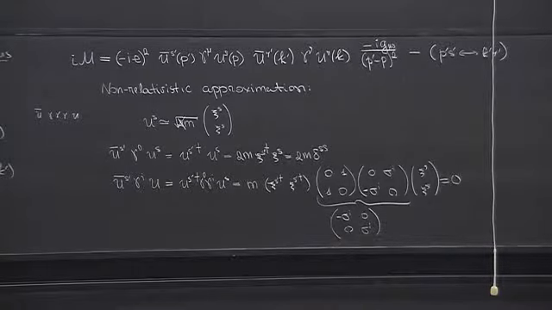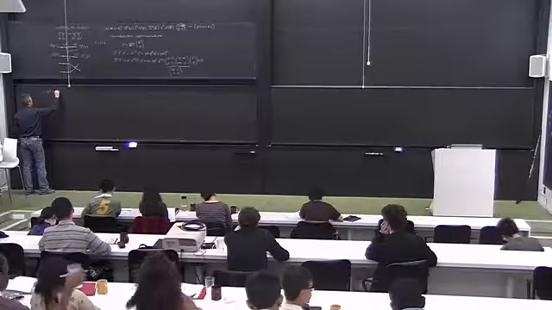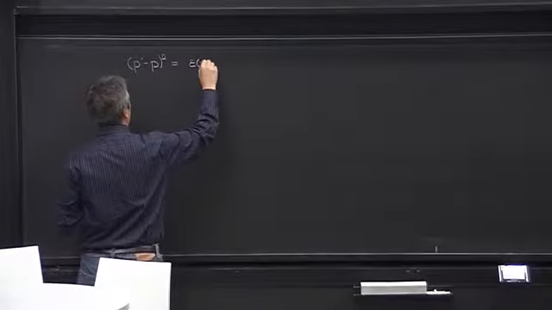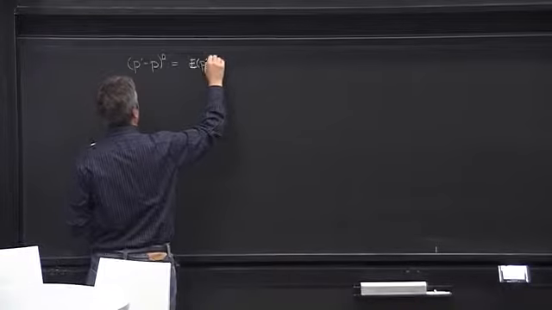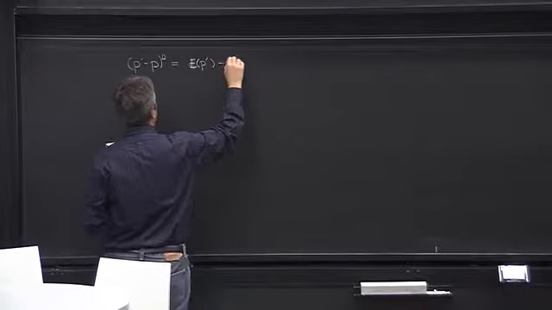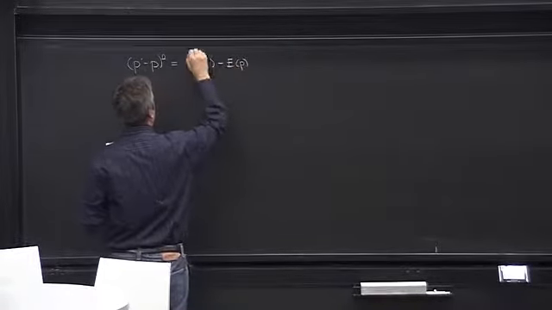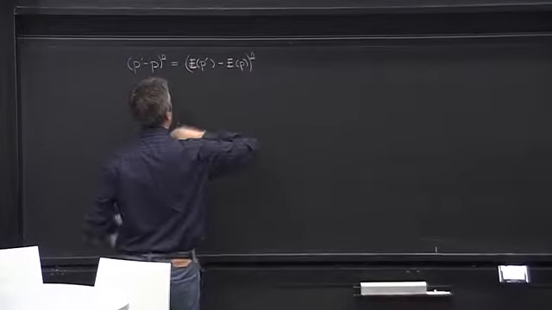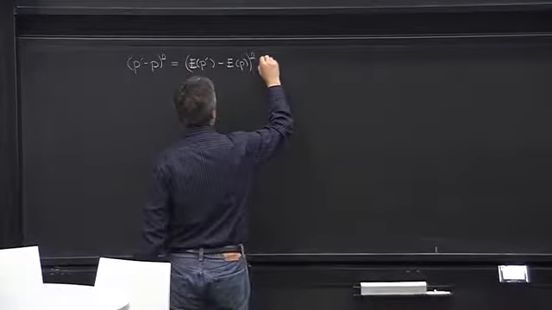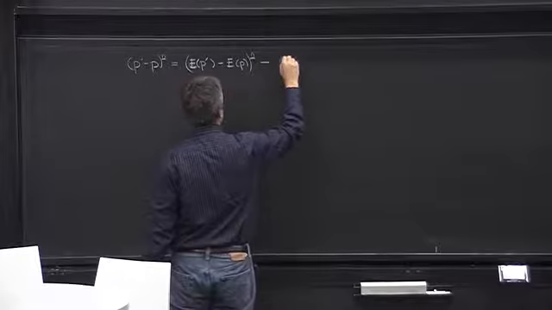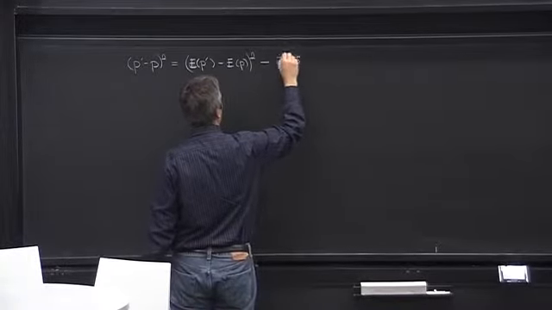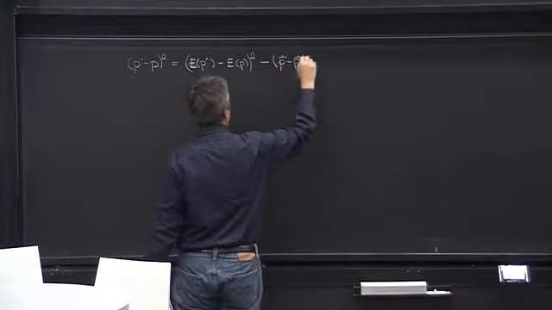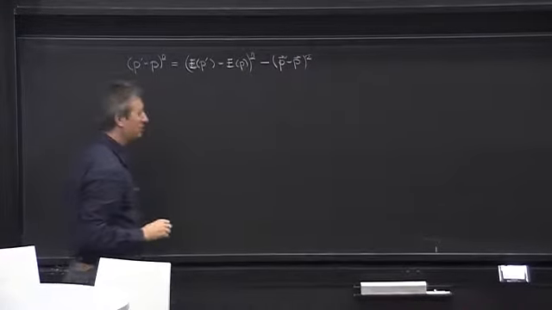So this will be the energy of p' minus the energy of p, squared, minus the difference of momenta squared.